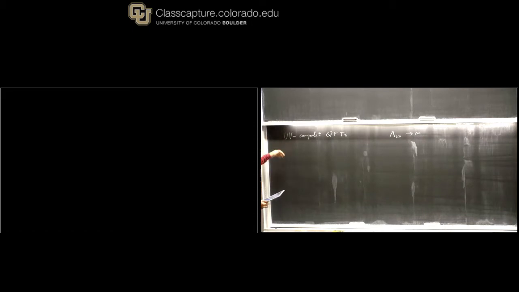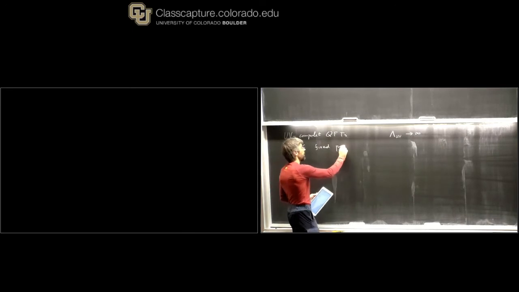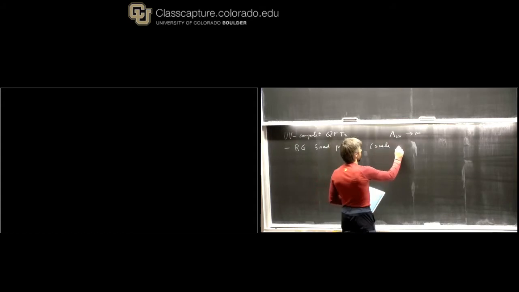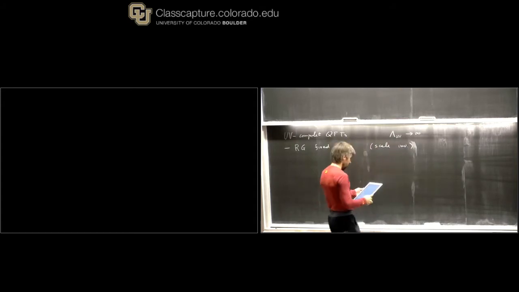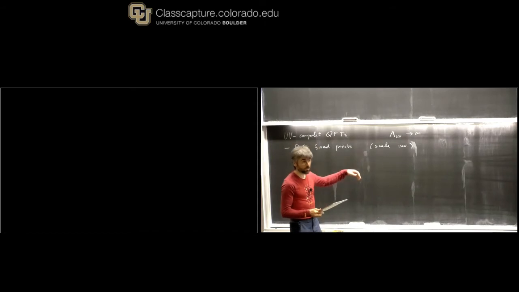So what are the examples of the UV complete CFTs? So one example are RG fixed points. So these are scale invariant theories. And from the renormalization group point of view, the RG fixed points are ubiquitous, because you can start from any theory, you can flow to the infrared, and then chances are that you're going to end up in some fixed point.